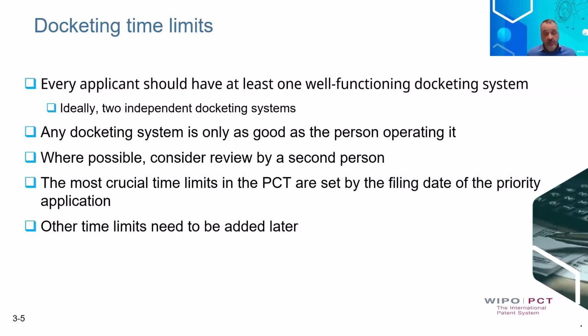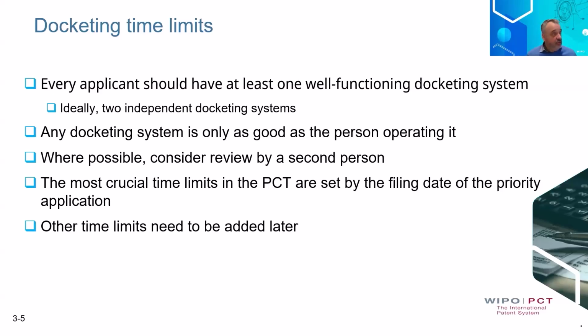On the other hand, we also realize that any docketing system is really only as good as the person operating it. That's why we generally recommend that not only one person should operate all these docketing systems, but ideally you have a second person, so data entry, have another person review the dates you entered and verify that the date entered is the correct date.